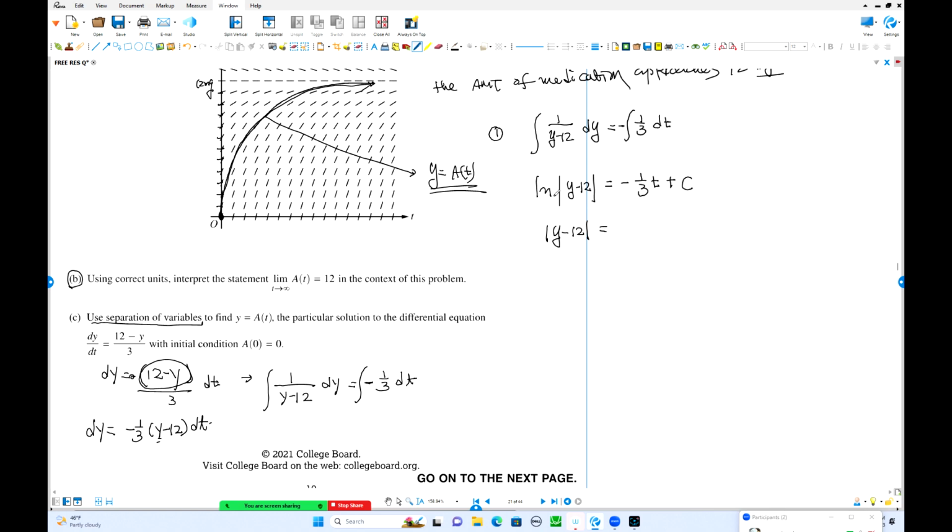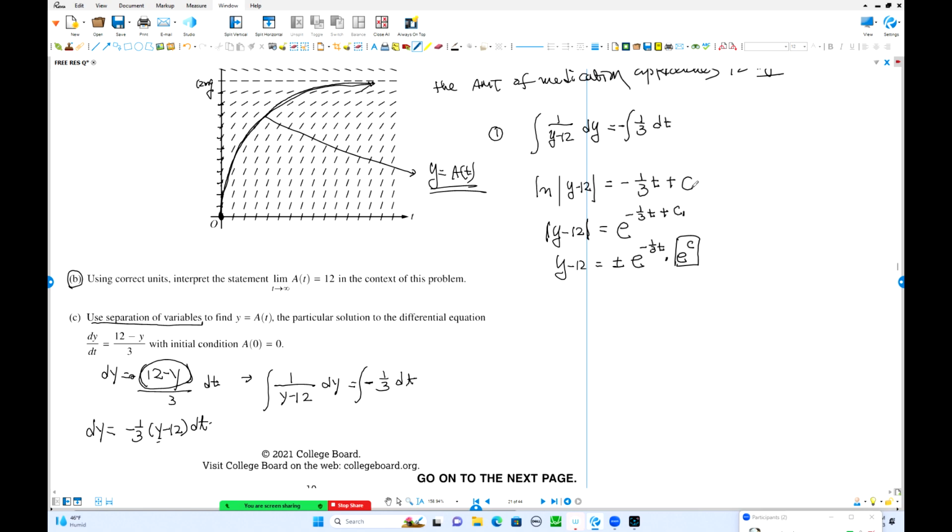In exponent form, ln becomes e to the power: e to the negative 1/3 t plus c. So y minus 12 equals plus or minus e to the negative 1/3 t plus c, which is e to the c times e to the negative 1/3 t. E to the c is a constant.